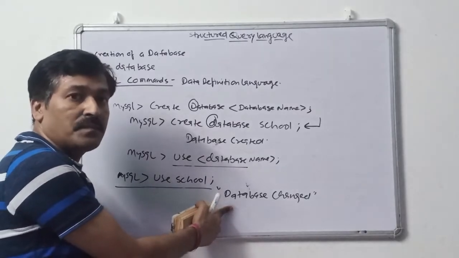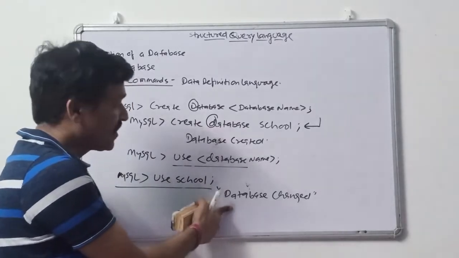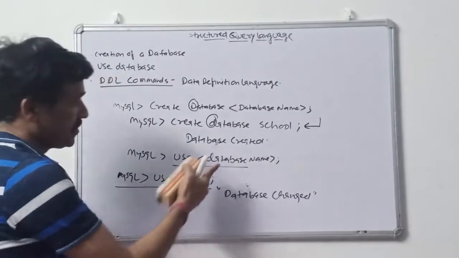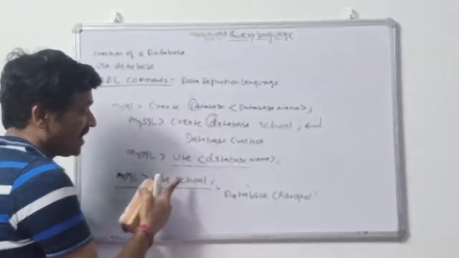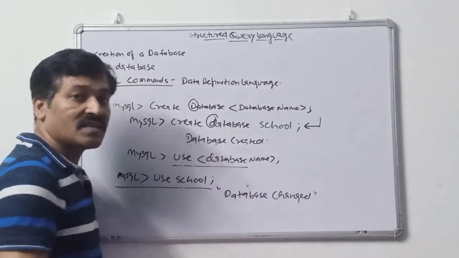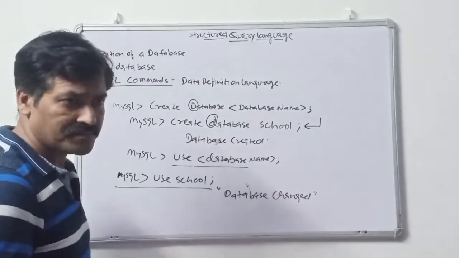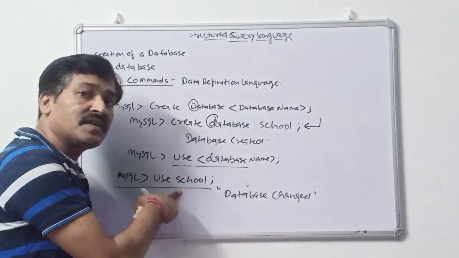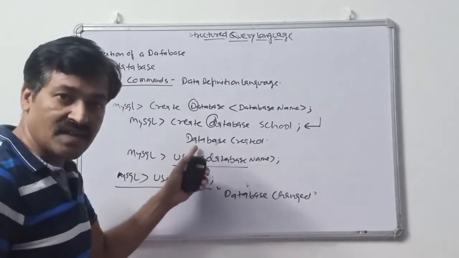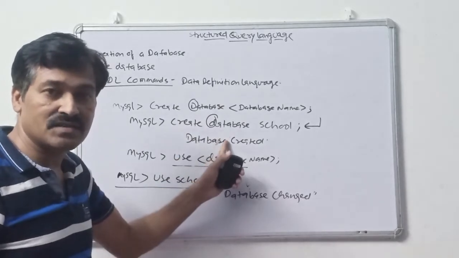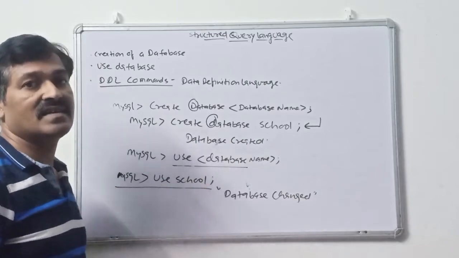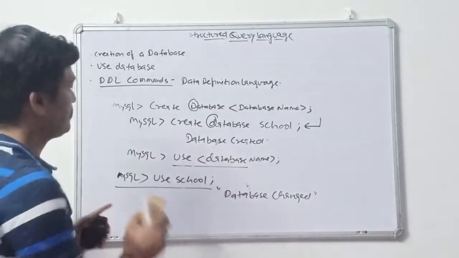SQL can have multiple databases, and it also has some predefined databases. Among all those databases, the database school is the active database now. Whatever tables are created or queries made, everything will be done in database school because it is in use. Is that clear? So the create command creates the database, and the use command makes the created database active in SQL.